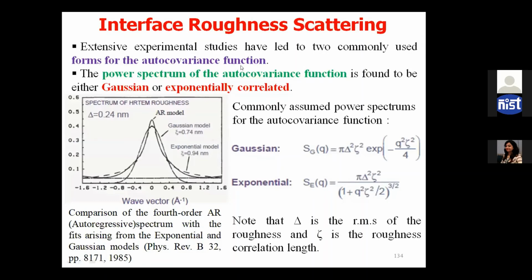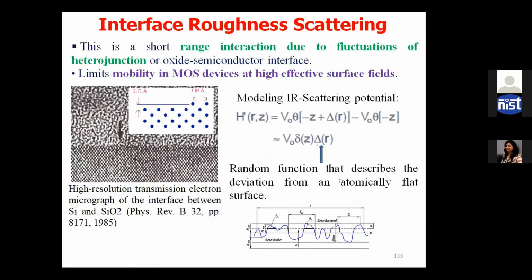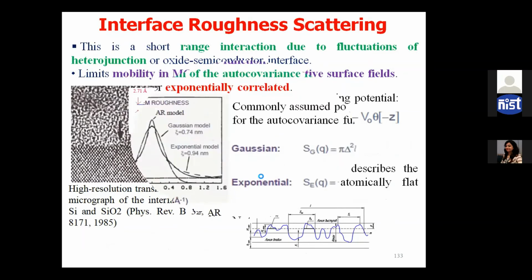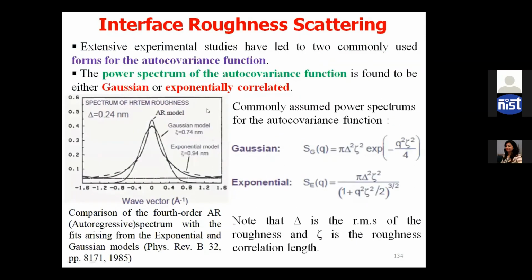That means from the flat surface, that deviation can be expressed in terms of an autocovariance function. So normally the power spectrum of the autocovariance function is found to be either Gaussian or exponential.